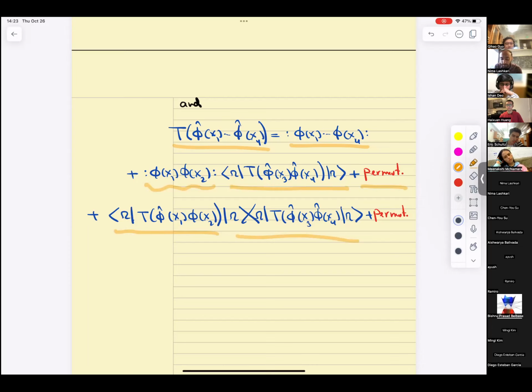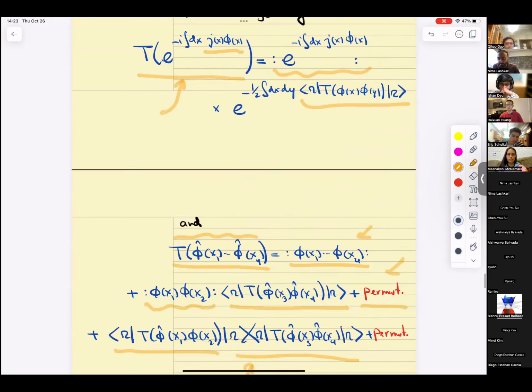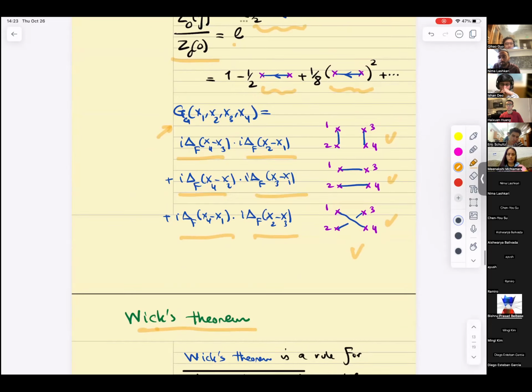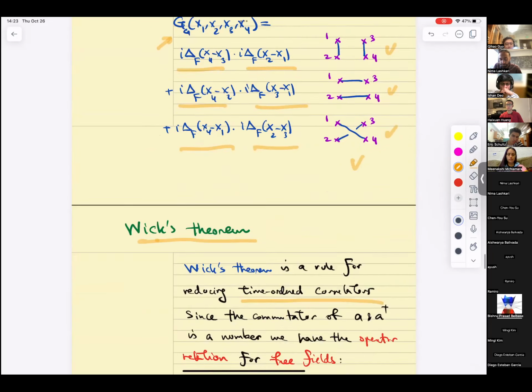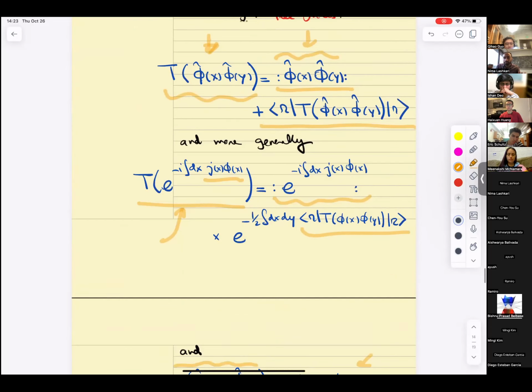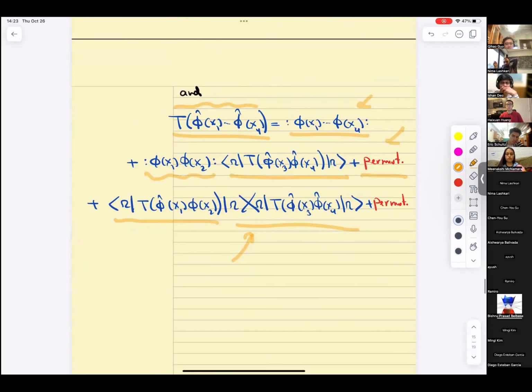So again, sanity check, if you insert this inside a vacuum, the first line and the second line vanish. The third line is all that remains, and that matches this picture. Good. Any questions?